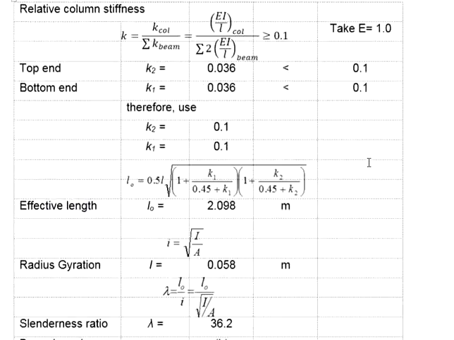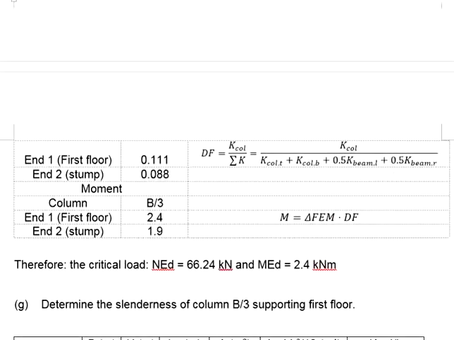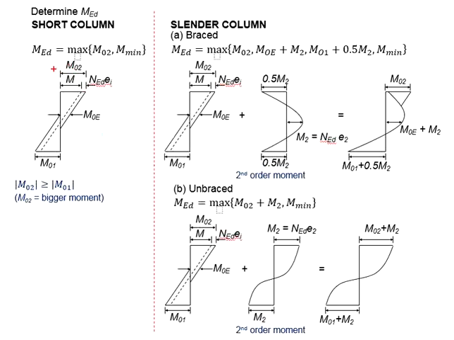Taking this question as an example, remember that previously we calculated the moment at both ends of the column. Near the joint to the first floor, the design moment is 2.4. And near the end of the stump, the moment is 1.9. That means we are looking at the bigger moment, as it is going to be more critical. Therefore, this 2.4 shall be the M here.